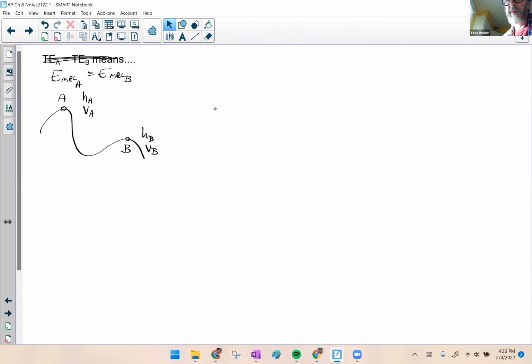What would be true if the mechanical energy at point A is equal to the mechanical energy at point B? Let's see, I'm going to write it out again.